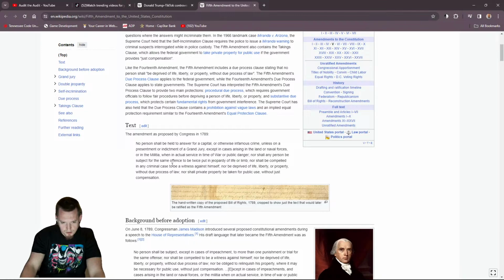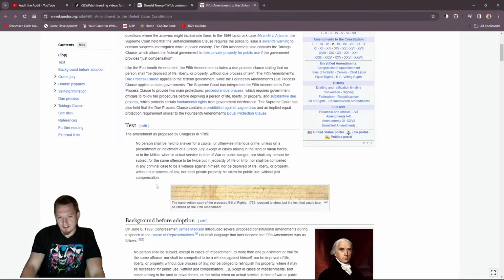Nor shall any person be subject for the same offense to be twice put in jeopardy of life or limb, double jeopardy, nor shall he be compelled in any criminal case to be a witness against himself, nor be deprived of life, liberty, or property without due process, right to a fair and speedy trial, nor shall private property be taken for public use without just compensation.